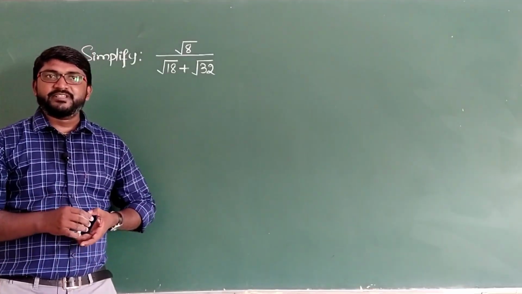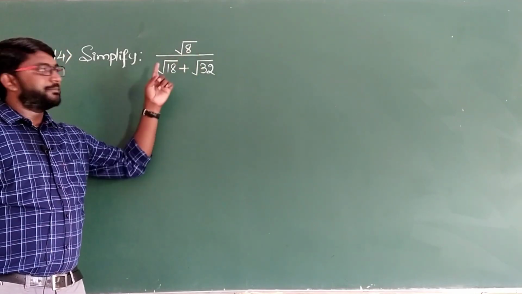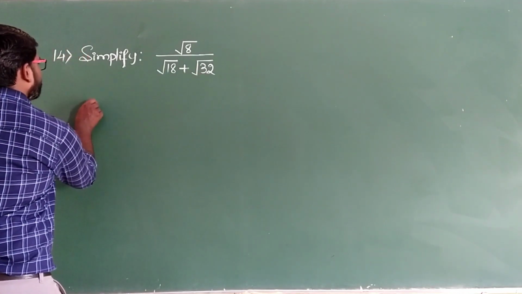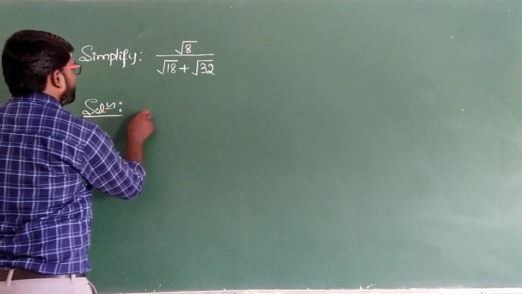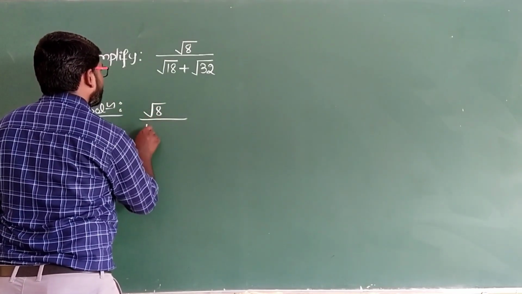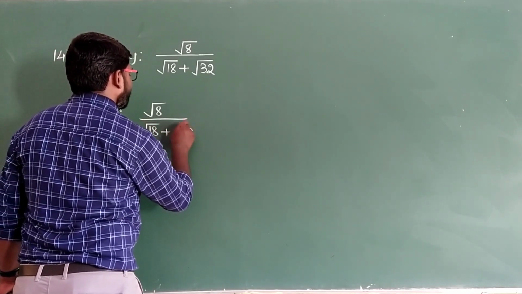Well, the next question it is the 14th one. Simplify root 8 divided by (root 18 plus root 32). So let us go ahead with this. Square root of 8 divided by square root of 18 plus square root of 32.